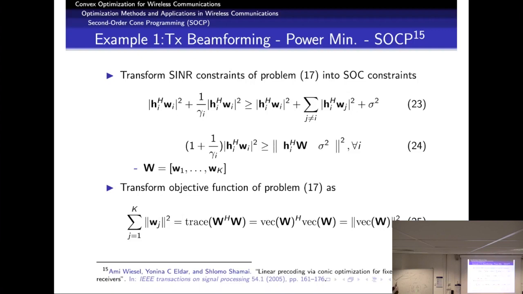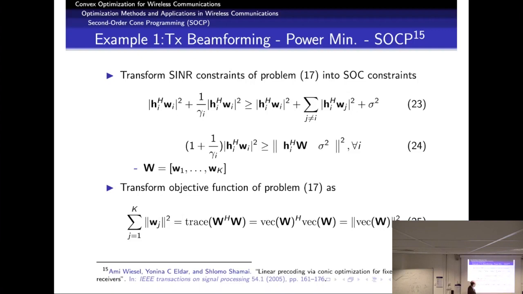So I take this one, I take W2, W3, W4, and so on. So I create a long vector, and I take the norm of this long vector. The norm of this long vector will actually be the same as taking the sum of the norm of each of those entries here. It's actually quite intuitive. And this is why we have that.